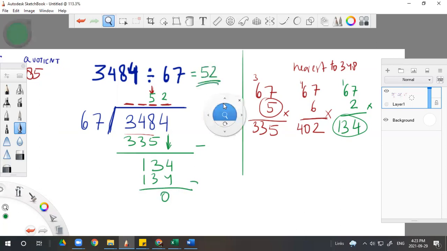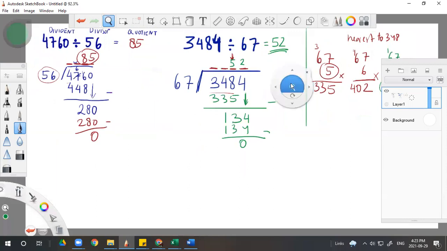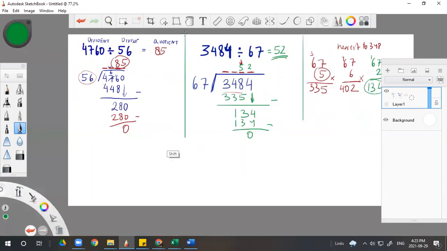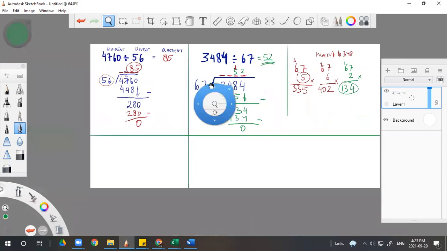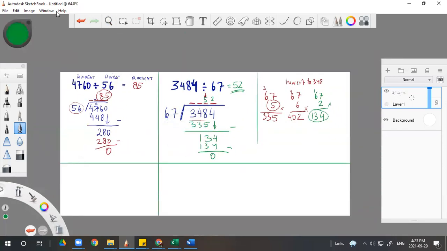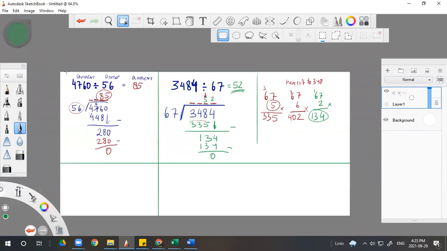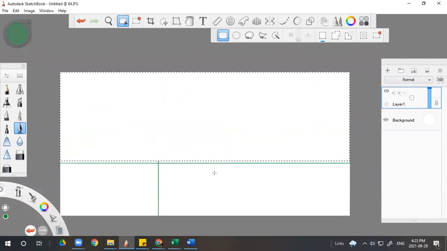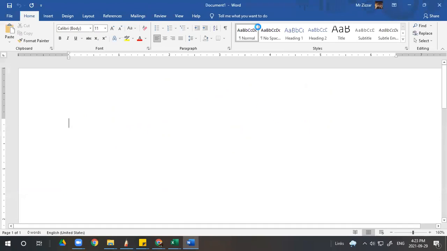That's how it works. It requires a lot of practice in order to do this manually. Let's try to do the other number. I don't think I have enough space here, so I will copy this page to you. There you go.